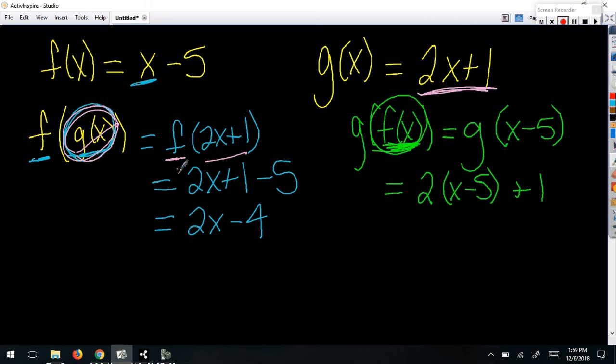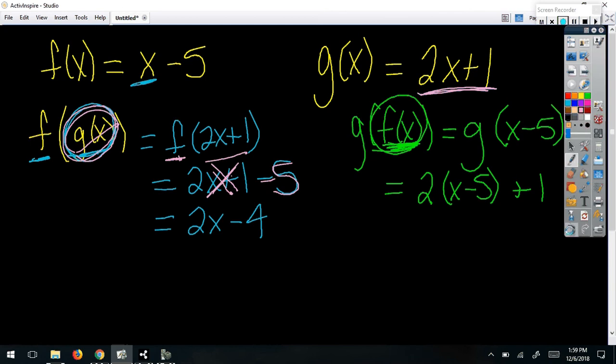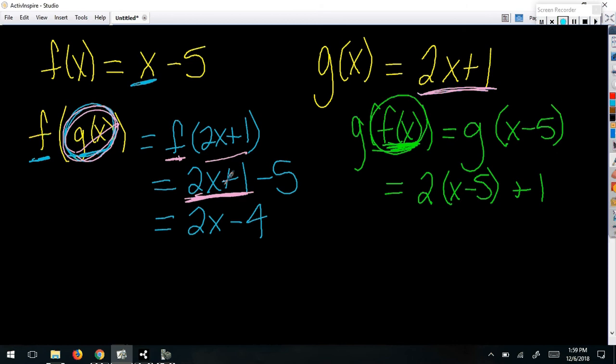Okay, so f is x minus 5, right? X minus 5. I took the x off and I replaced it with what was in parentheses there. Do you see that? This was x and then minus 5.